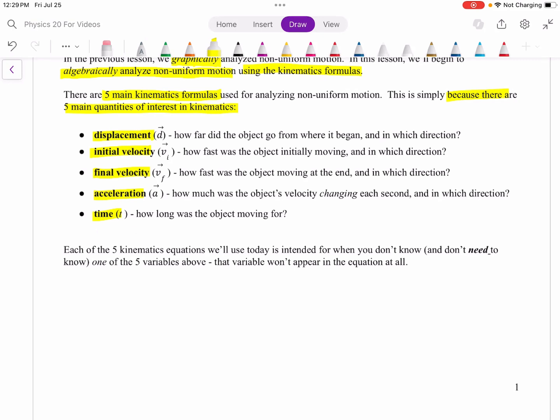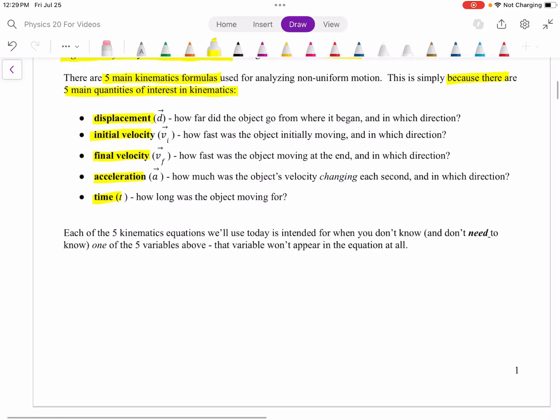Those are the 5 things we might use to describe an object that is moving with non-uniform motion. The reason there are 5 formulas is that each of them is just for when you don't know and don't care about finding one of those variables. So there's one for when you don't know and don't care about displacement, one for when you don't know and don't care about initial velocity, et cetera.